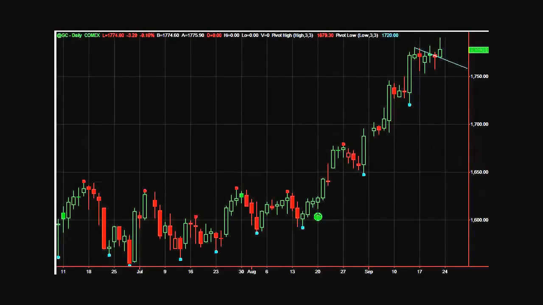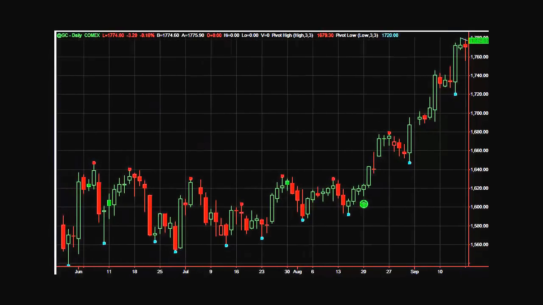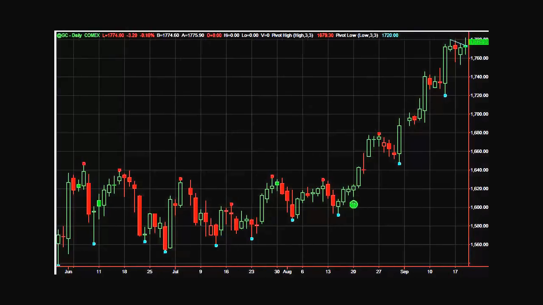So earlier in the week I told our members the first of the week to keep an eye on gold if you're interested in trading. There's this potential for a bull flag here, and this kind of pattern usually signals in an uptrend a break to the upside. So we were looking at that earlier in the week. You can see here it's starting to develop, and I pointed out, okay, keep an eye on it because we could get a break to the upside on a bull flag breakout.